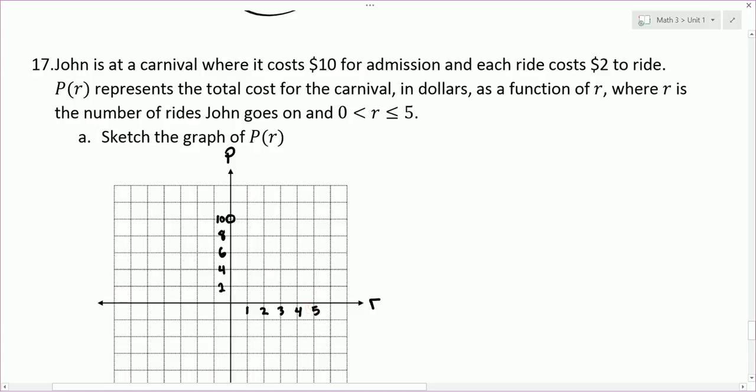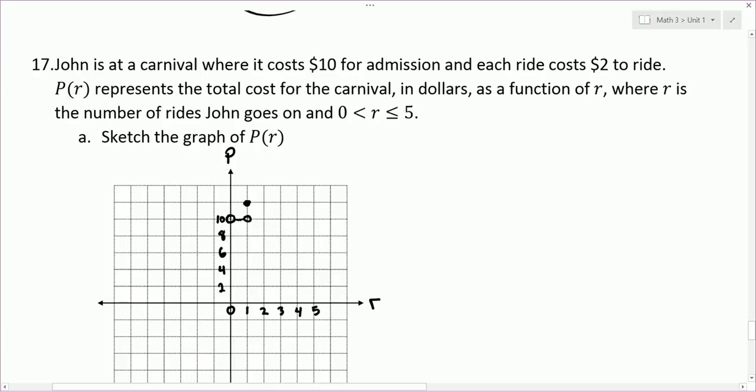If he doesn't go on any rides, he's just going to pay $10. But say he wants to go on one ride, he's got to pay an additional $2. So now he's paid $12. Closed circle. That first part from 0 to 1 is saying there's a flat rate of 10.